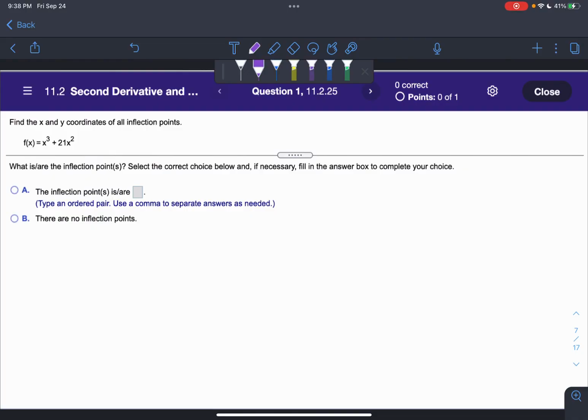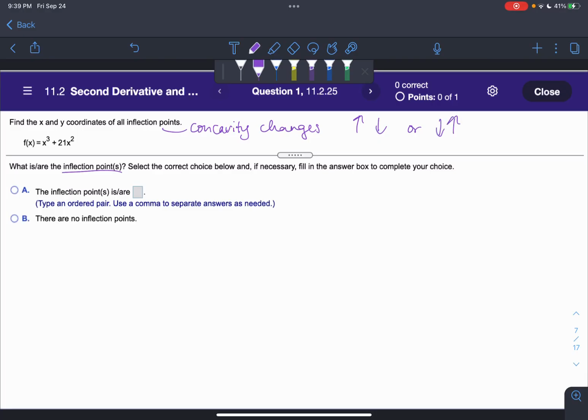Okay, in this one, we want to know what our points of inflection are, the inflection points. These are where concavity changes, right? When we go from up to down, or down to up.